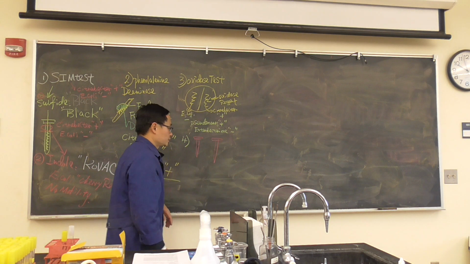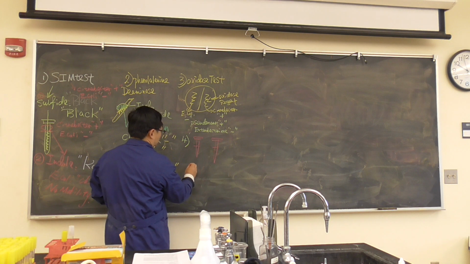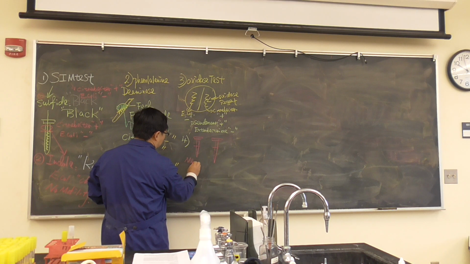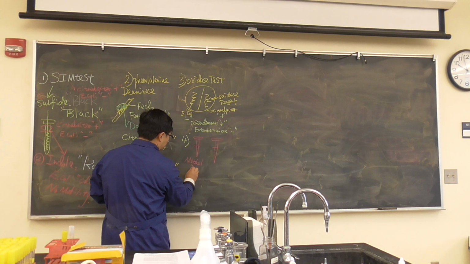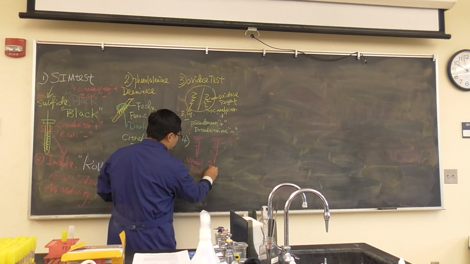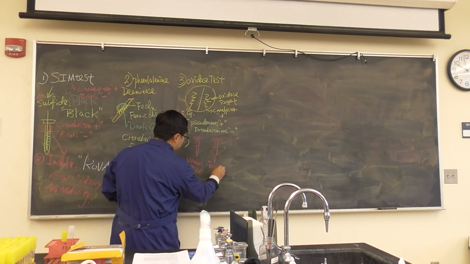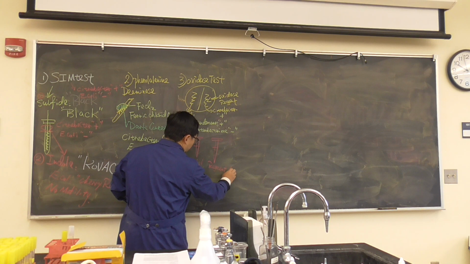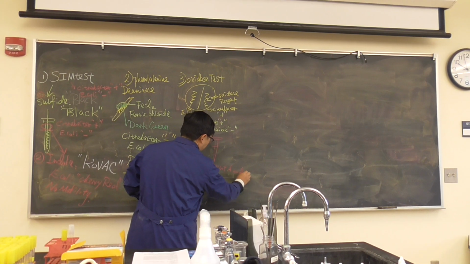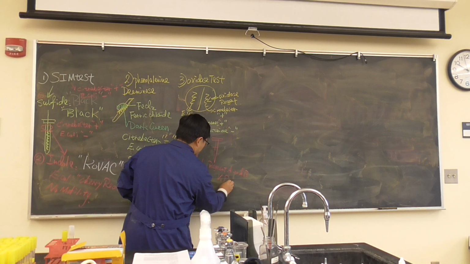Okay, I have 2 tubes. This is for methyl red. The other one you add reagent A and B for the VP test.